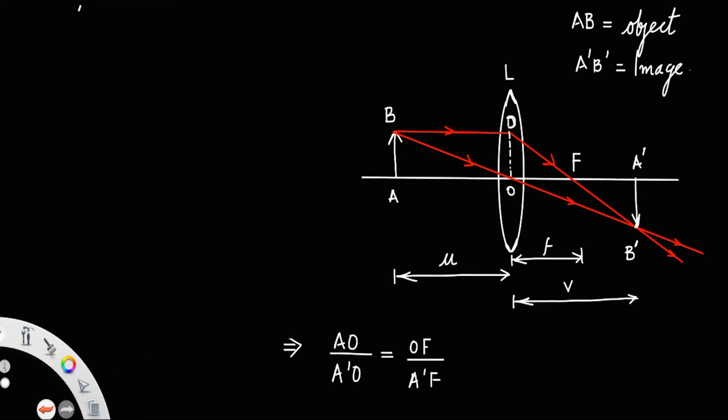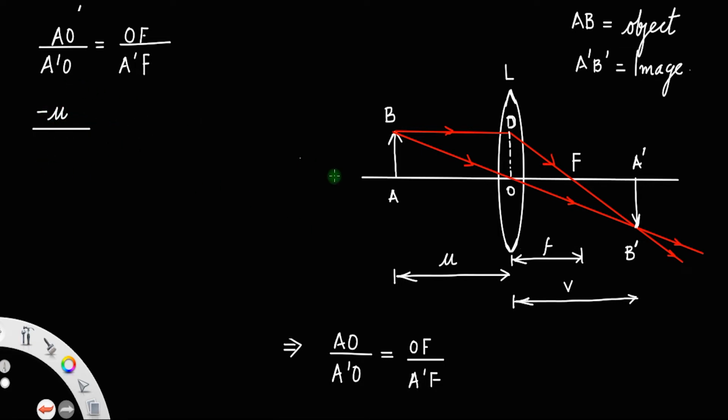So let's look at the picture and find what AO represents. Clearly AO is the length U. Since it is on the left side of the lens, you must put a negative sign. So AO by A dash O is equal to OF divided by A dash F. AO is equal to minus U since it is on the left side.